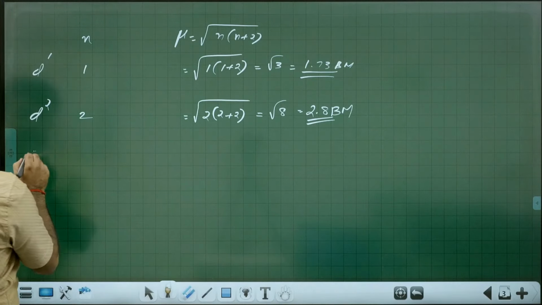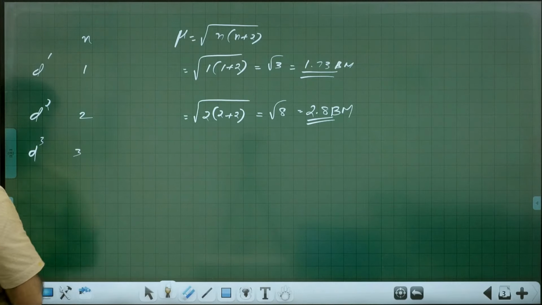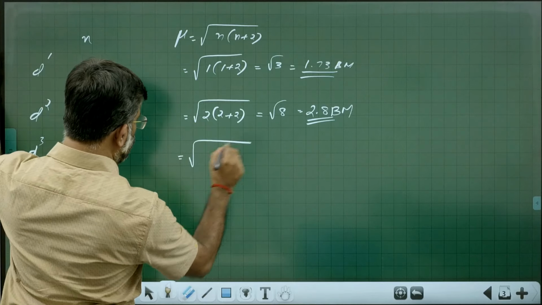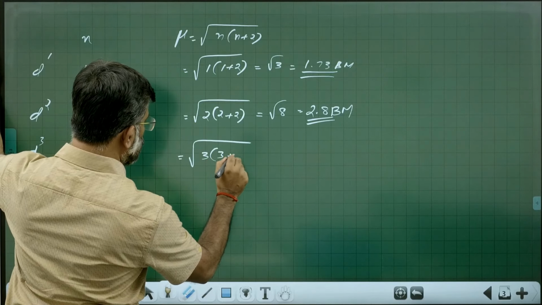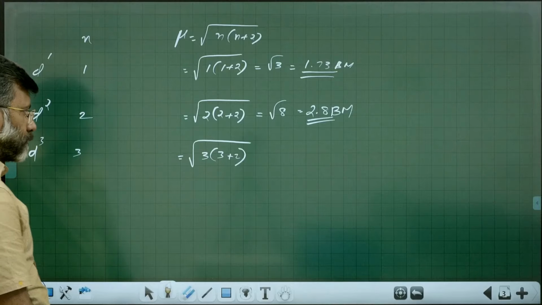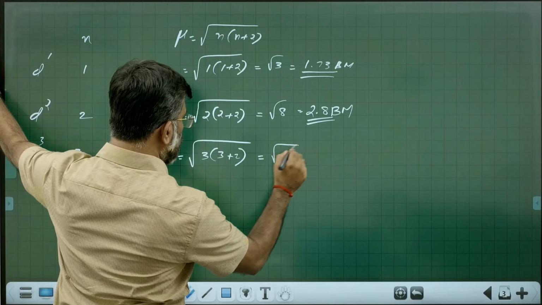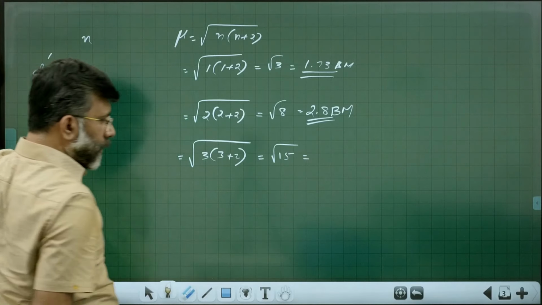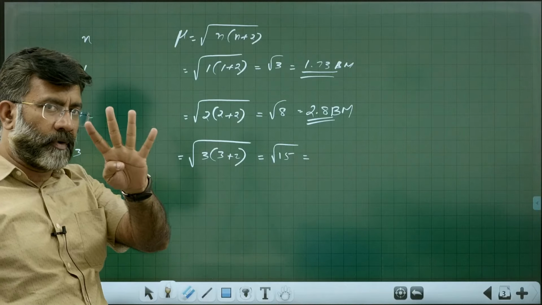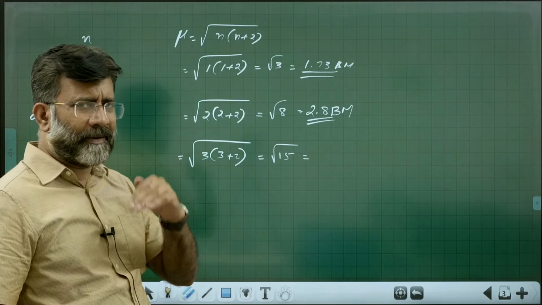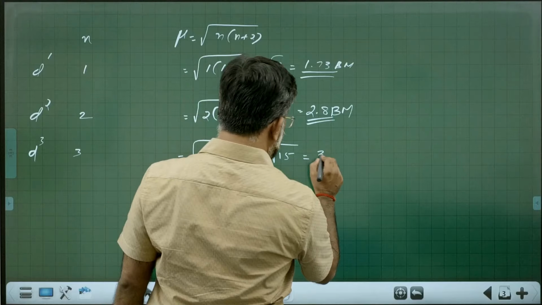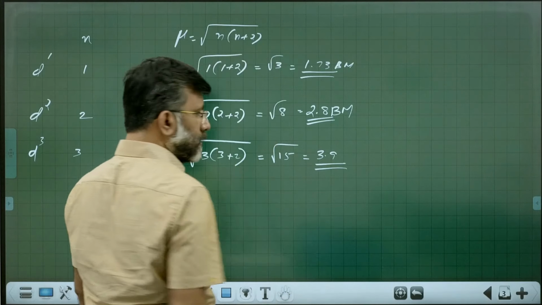In the d3 system, 3 unpaired electrons, root of 3 into 3 plus 2, root 15. Root 16 will be 4, so root 15 will be slightly less than 4, maybe 3.9 or 3.8.